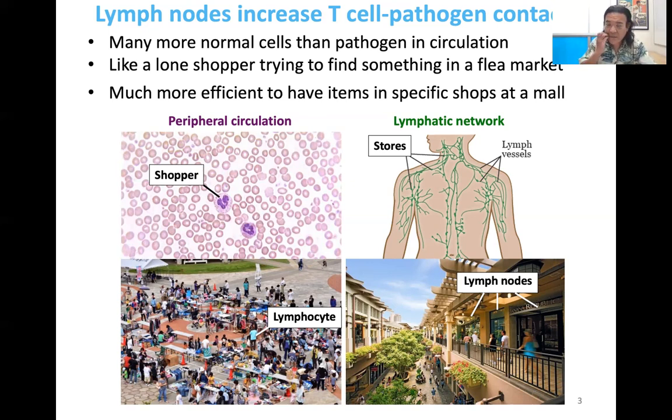So it's like shops at the mall, like Ala Moana, for example, right? So our lymph nodes are like the stores organized in a big mall. These are specific places where antigens are concentrated. They are brought there so that when you have lymphocytes visiting the lymph nodes, it's just like a shopper at Ala Moana, going from store to store, seeing if there is what it's interested in, to potentially purchase.